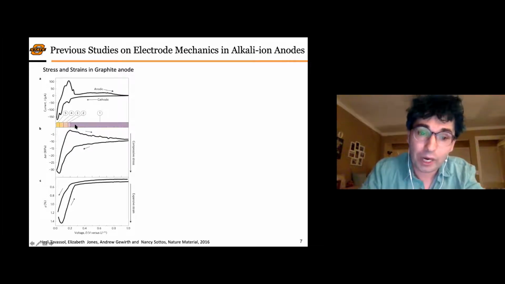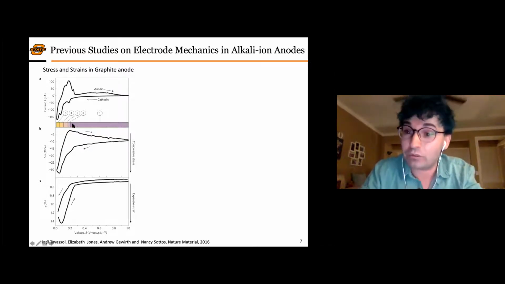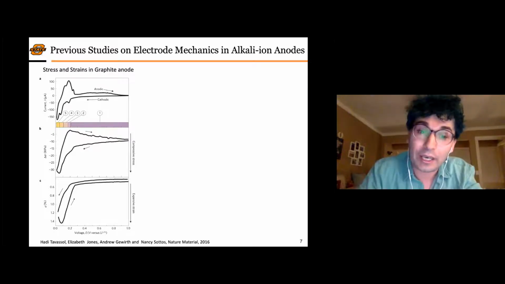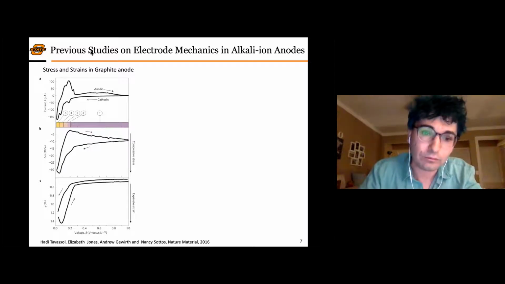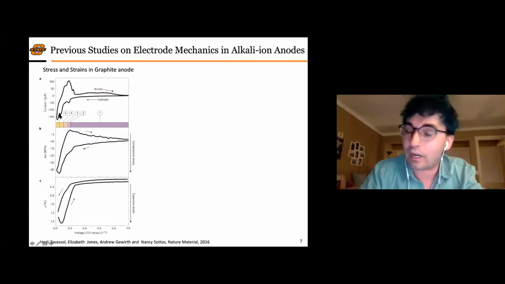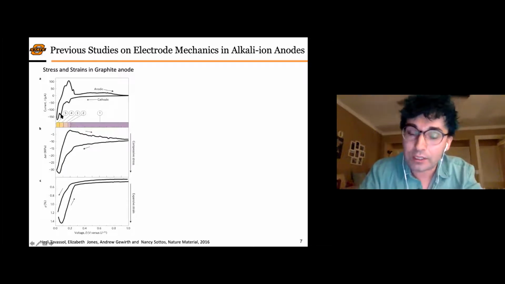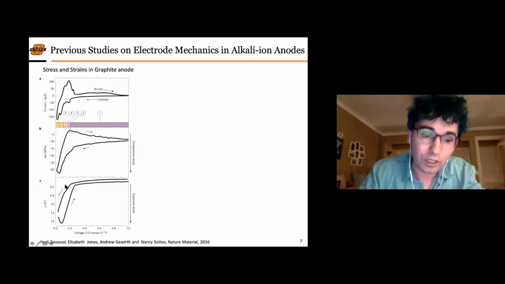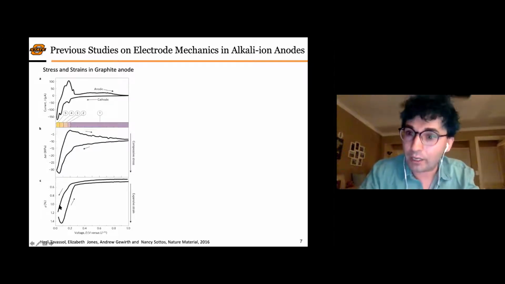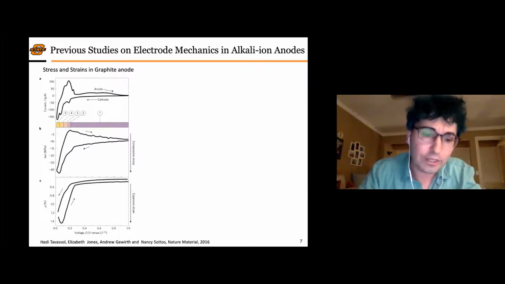The color marks demonstrate the phase transformations in graphite upon the formation of the lithium graphitic compounds. As the lithium starts to intercalate, the current decreases and has unique peaks associated with changes in the structure, and that induces compressive stress, since the lithium ions are inserted and there is an expansion in the electrodes.